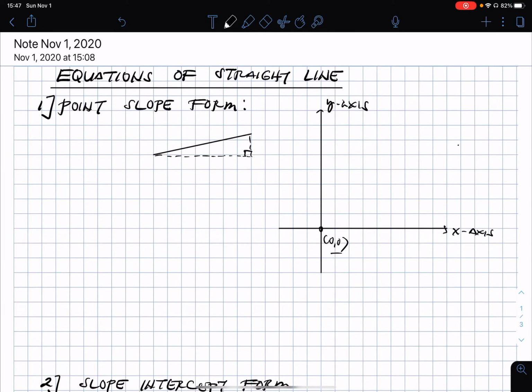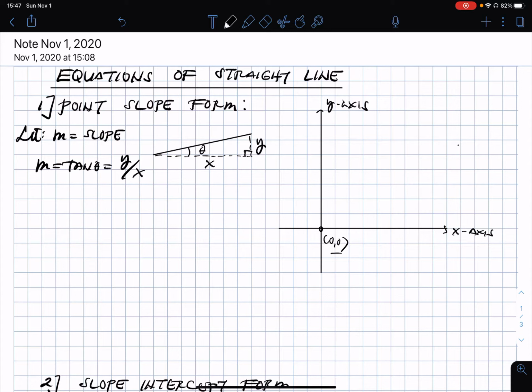You're forming a right triangle, and this is a ratio of the vertical to the horizontal, y over x, and this angle is theta. If we let m be your slope, slope is the value of tangent theta, which is y over x.